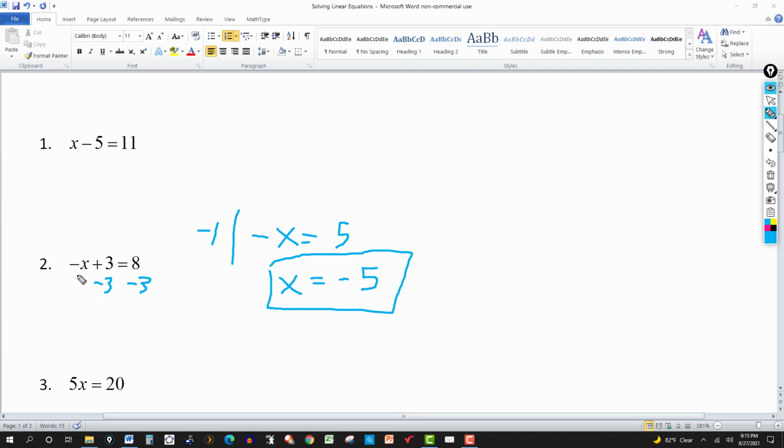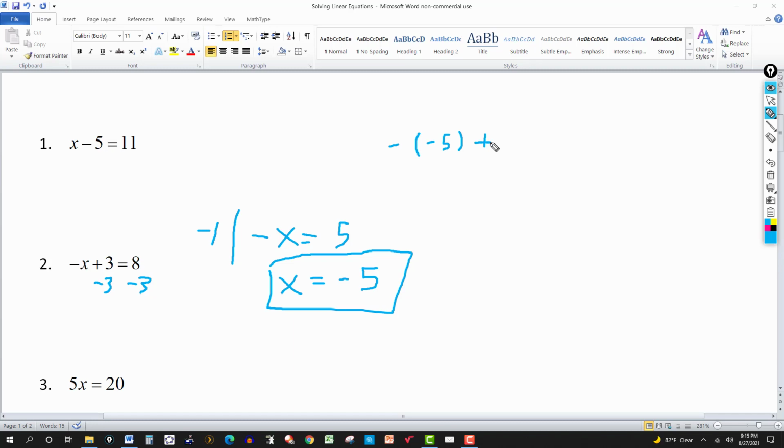Okay, now you can check it. Put a negative 5 where the x is. So if I put a negative 5 where the x is, it would look like this, okay? Where I have the x, put a negative 5. And then I'm supposed to get what I have on the other side, okay? So I have negative x, so then the x is negative 5, and then it's plus 3.